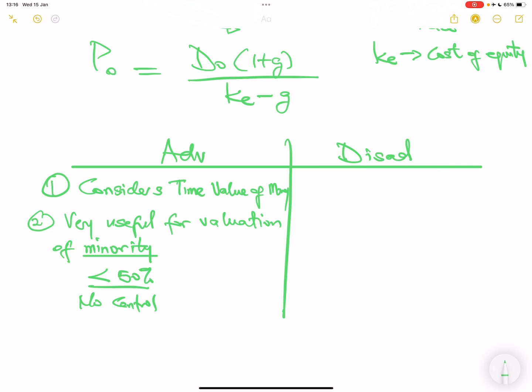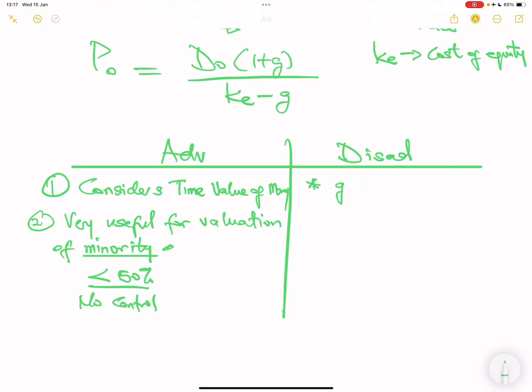So capital gains cannot be their focus, but rather the only sure thing for them is just the dividend. So it only makes sense in terms of shareholders' expectation to use the dividends to do the evaluation. So that is why this approach is very suitable when you are trying to get the value of a minority interest.